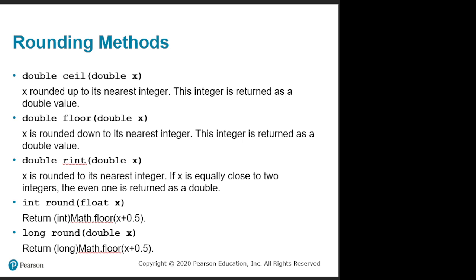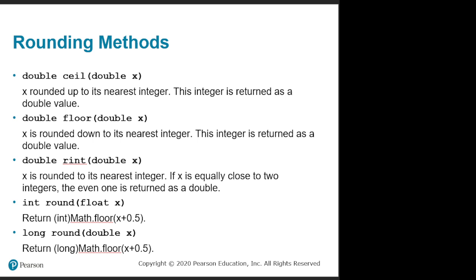We also have Math.round for floats, which will return an integer, and it uses a floor function on the number plus 0.5. So you give it a float, it adds a half to it, floors it and returns the integer. What the 0.5 will do is move it up or down. And this can happen with a long or an integer.